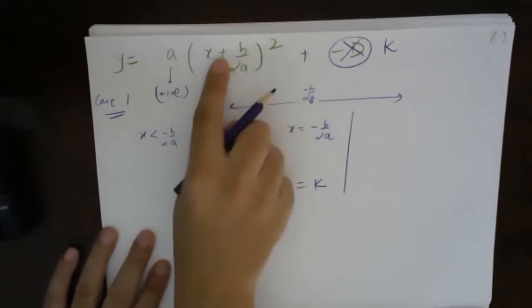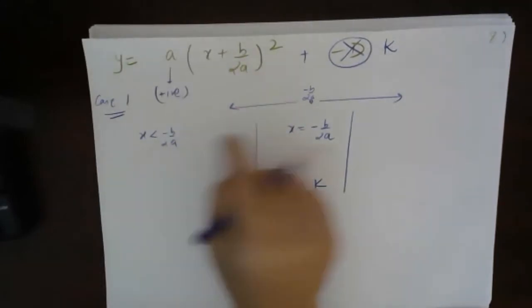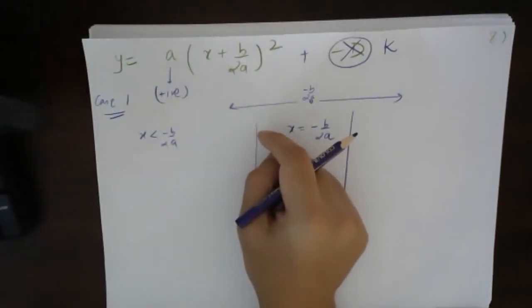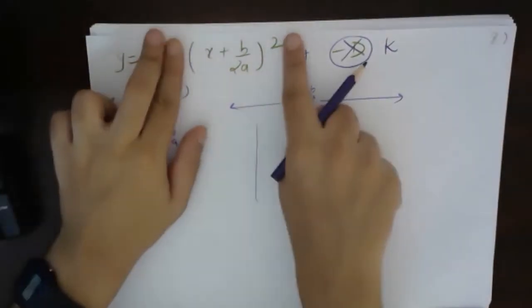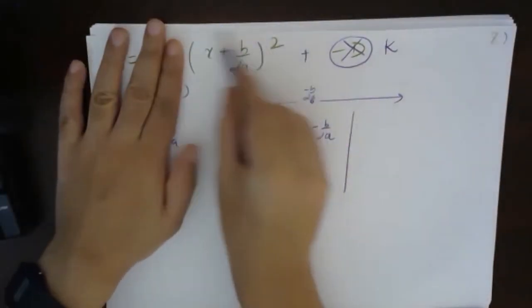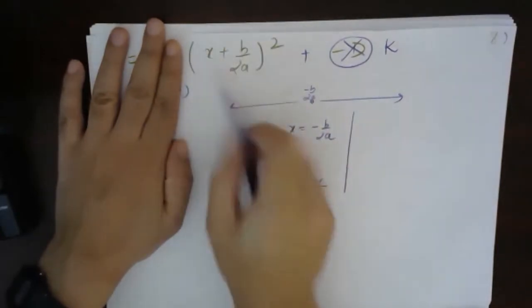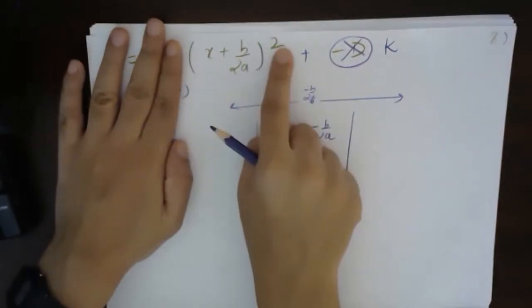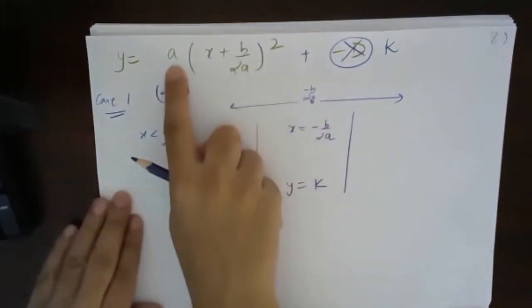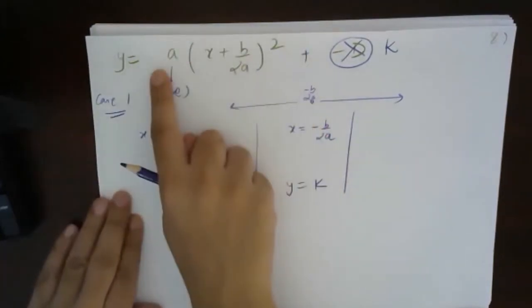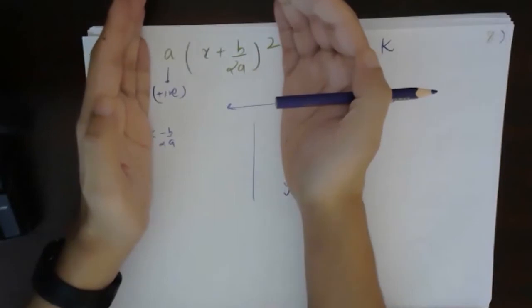No matter what value you take less than minus b by 2a, because there is a square, the sign of this whole thing is again positive. Yes or no? Why? Because it's a square into a positive value. So this overall sign will be positive, right?